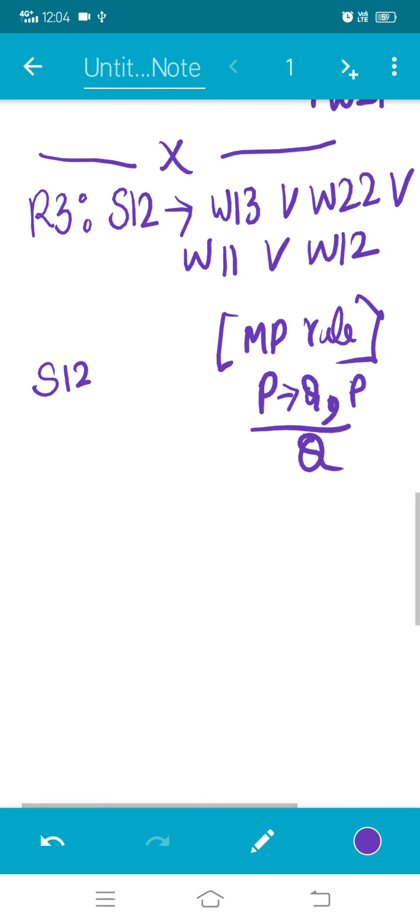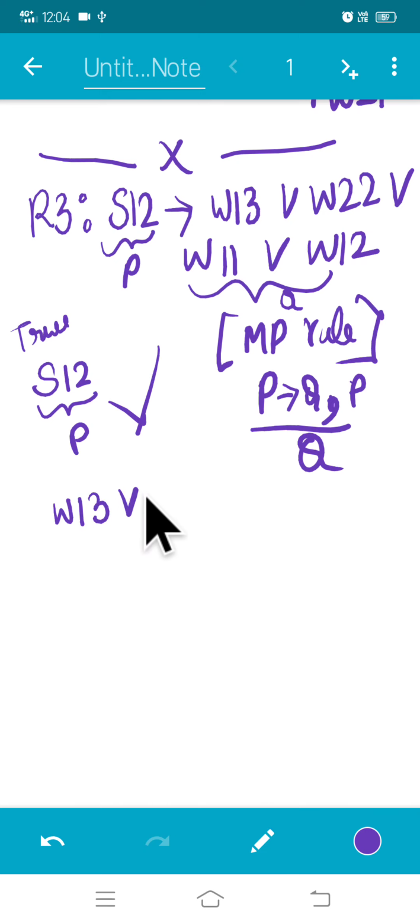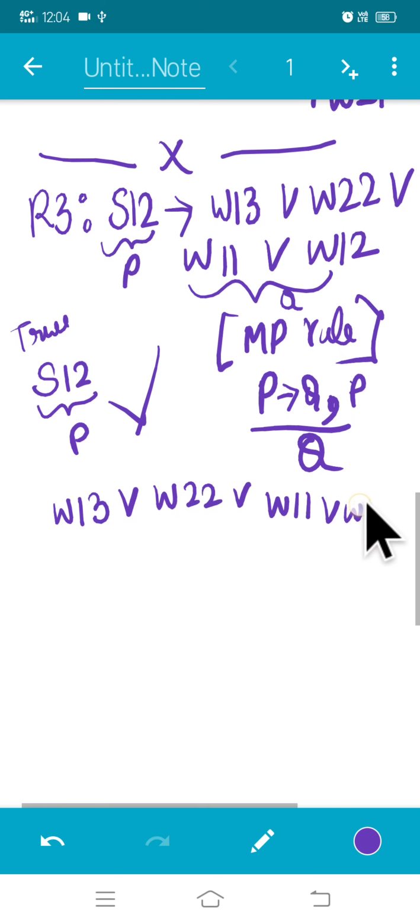So we are writing this as S12. This is your P and this whole term is your Q. P implies Q, given P is true, then Q is also true: W13 or W22 or W11 or W12. So this is our third equation.